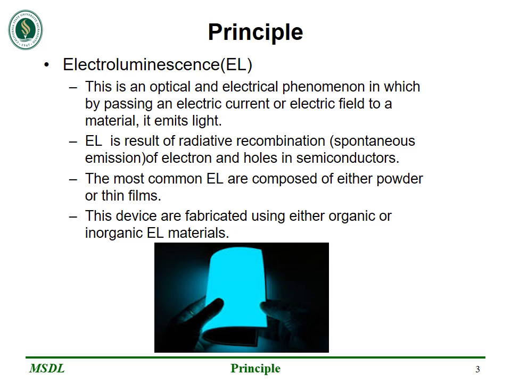The most common EL devices are composed of either powder, which has a primary application of lighting, or thin films, which are basically used for information display. These EL devices have the advantages of being self-emitting, consuming low power, having a wide view of angles, and having a fast switch speed.